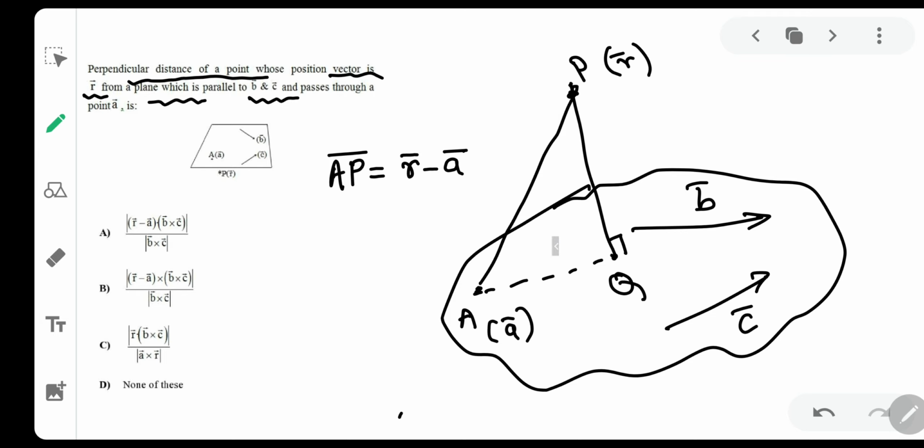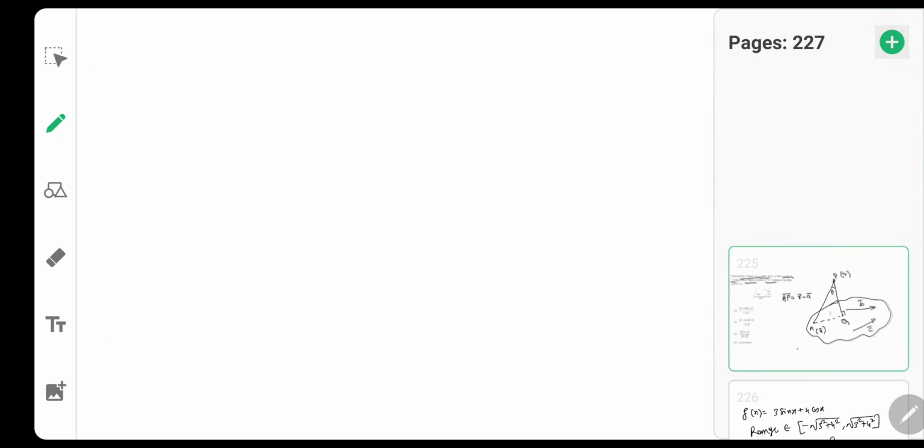Simple. Now let theta be the angle between AP bar and PQ bar. But PQ bar is perpendicular or normal to the plane. So let us make use of it.